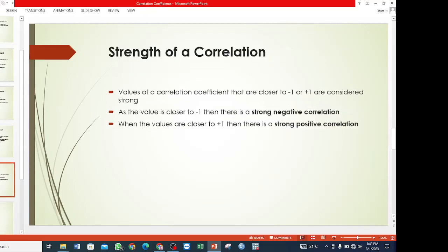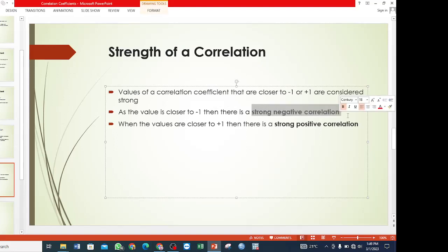So we've said that a correlation coefficient is a value that is used to describe the strength of the association or the correlation between the variables. So if you get values that are very close to -1, that would mean that the variables have a strong negative correlation. Remember that the negative sign would mean a negative correlation.